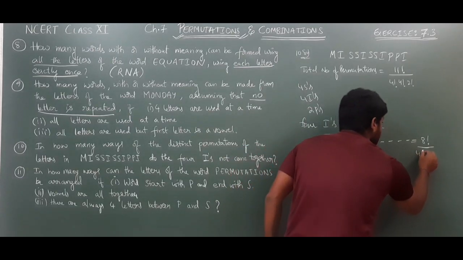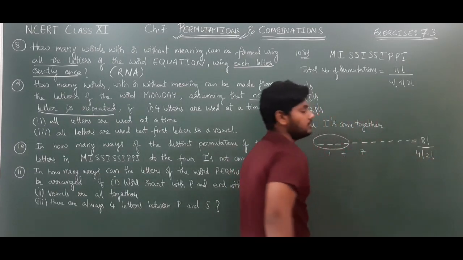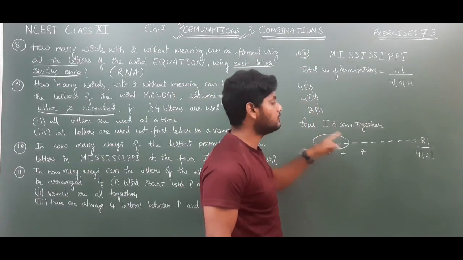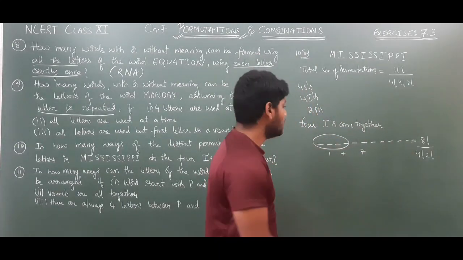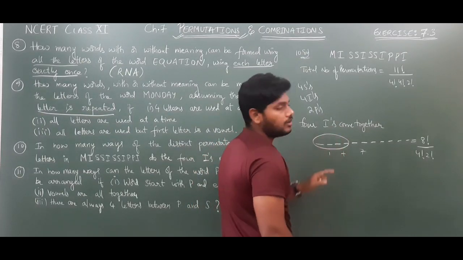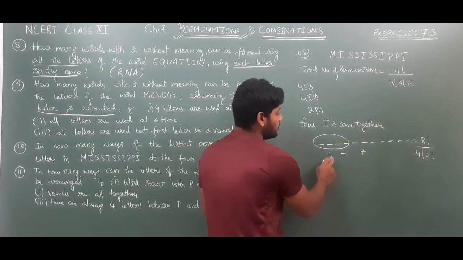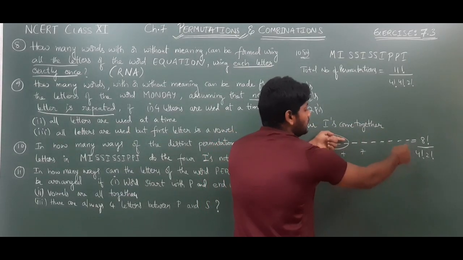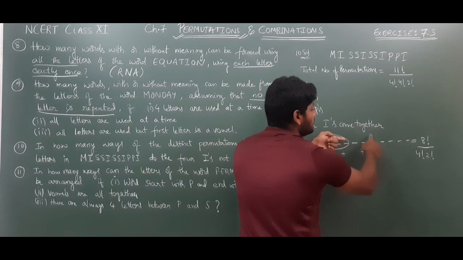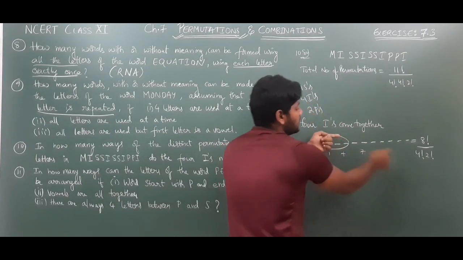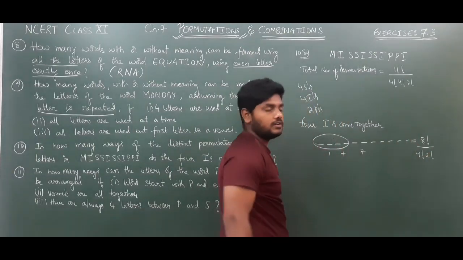So divided by 4 factorial into 2 factorial. Here we should not write another 4 factorial for the I's, because we are treating them as 1 place. I's are repeated or not, we won't care. In this 8, 4 S's and 2 P's are repeated, so 4 factorial into 2 factorial.